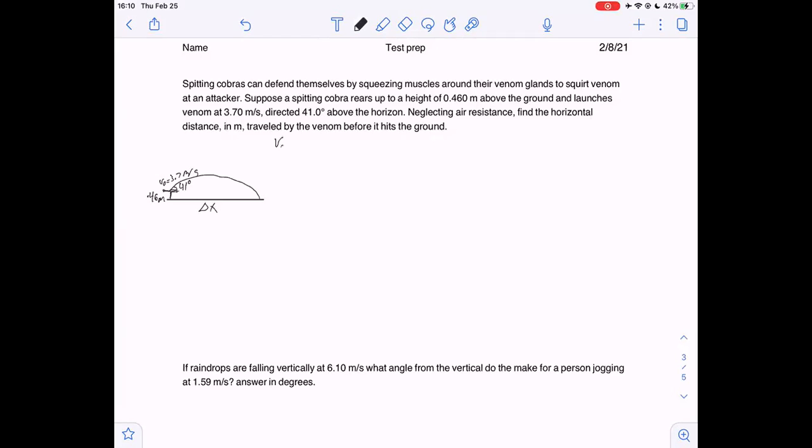So what's our V of X? Cosine. What's before cosine? 3.7. 3.7 cosine 41.